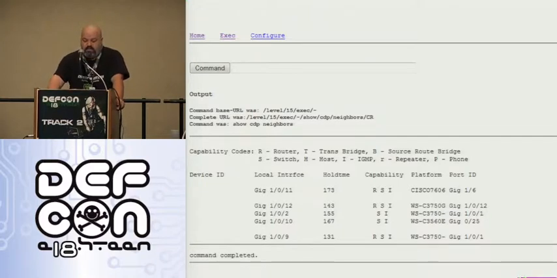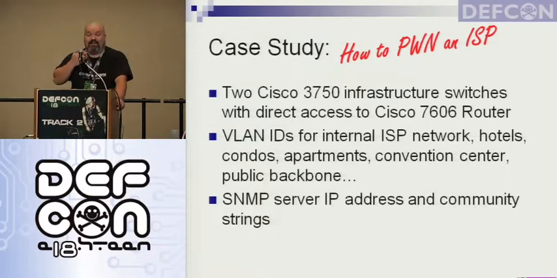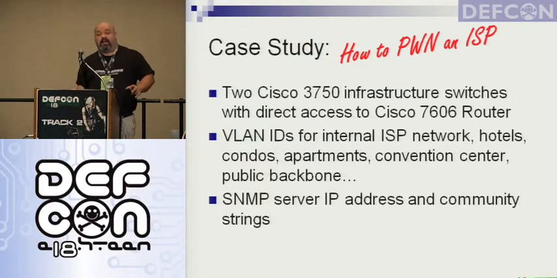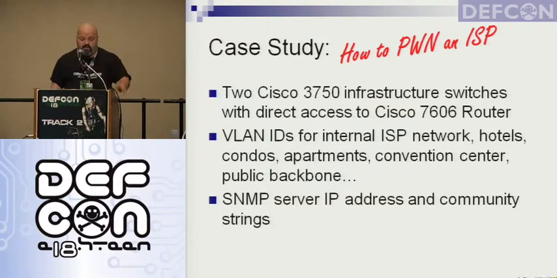You can see here there's a number of 3750 switches, and then there's a Cisco 7606, which is the core router for the ISP, and they were all open. I looked up the IP address, and it turns out that this was an ISP in Florida, I'll say that. So all these devices were wide open.